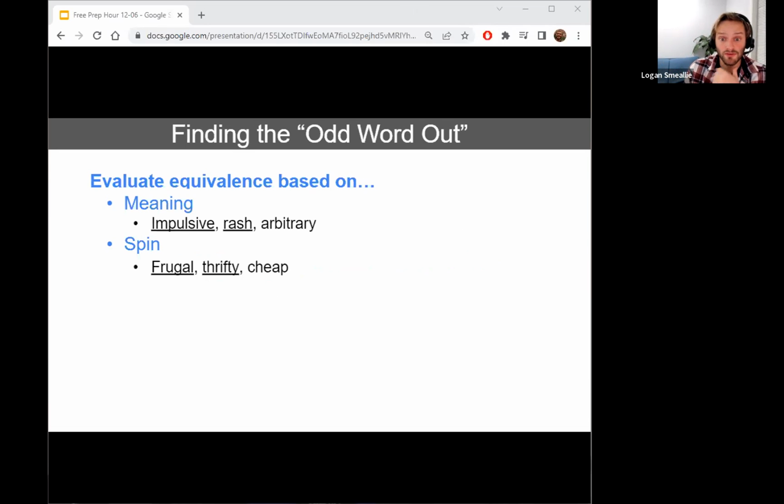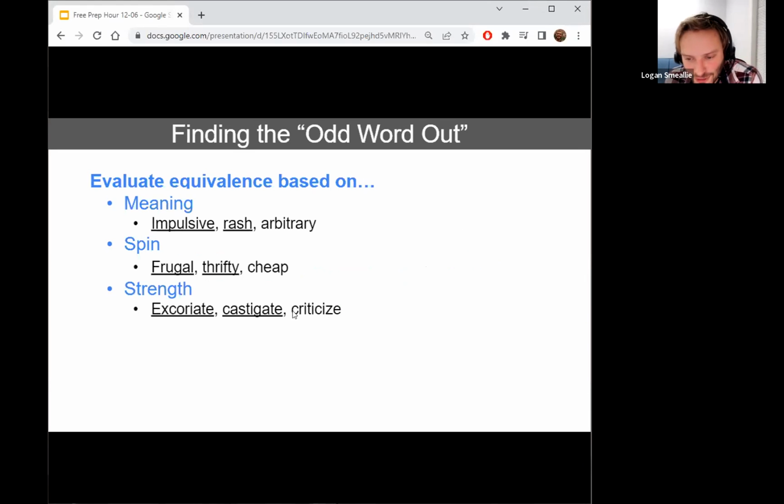Next thing that you can use as kind of a tiebreaker is strength. Criticize is a word we use all the time in life. Excoriate and castigate are not as much so, but they both mean to criticize severely, to dramatically criticize.